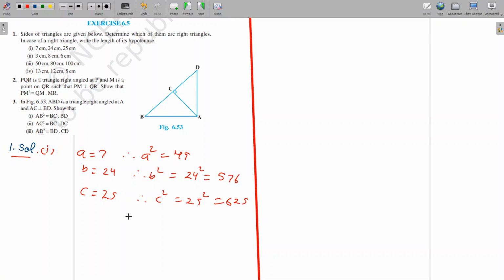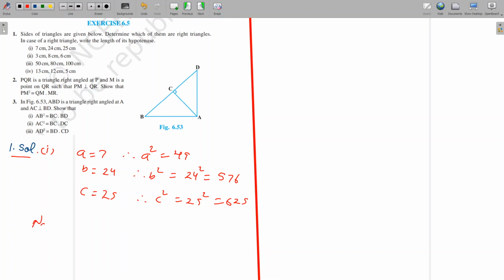Now we have to add the squares of the two smaller numbers out of these three. The smaller numbers are 7 and 24. We'll add A square and B square, and if it is equal to C square, then we'll say that the triangle is a right triangle.